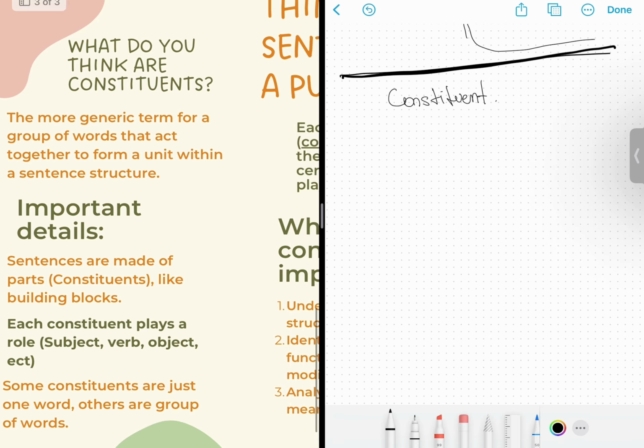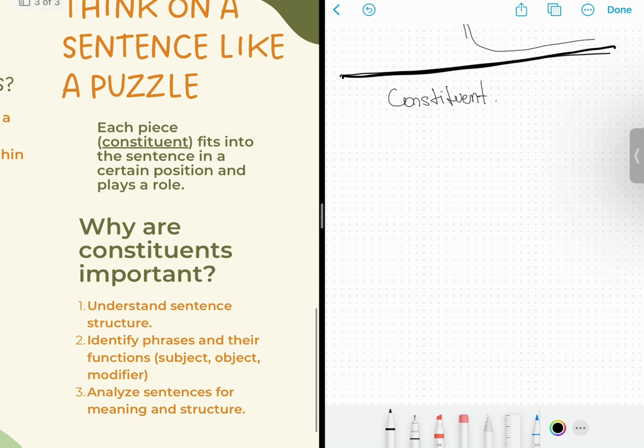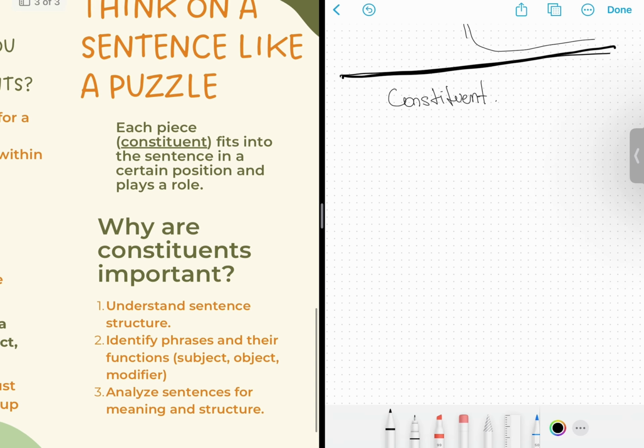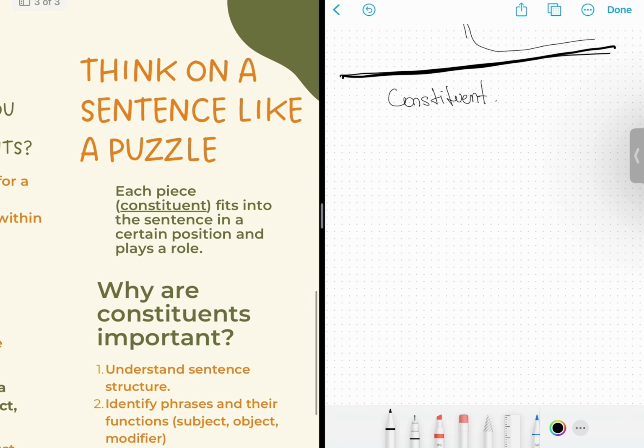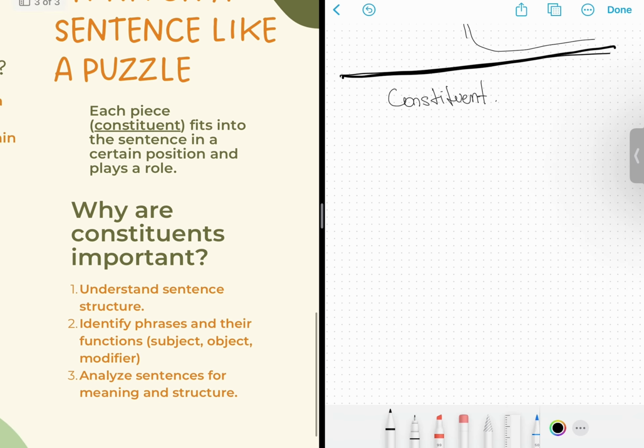And it says here, some constituents are just one word, and others are a group of words. That is a phrase. It says here, think of a sentence like a puzzle. Each piece, which is a constituent that we call a part, fits into the sentence in a certain position and plays a role.